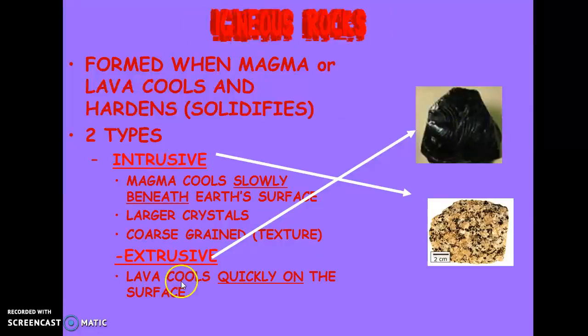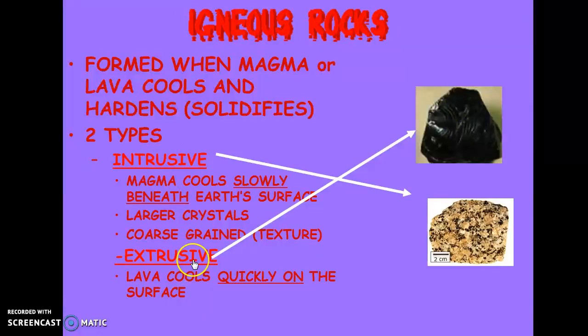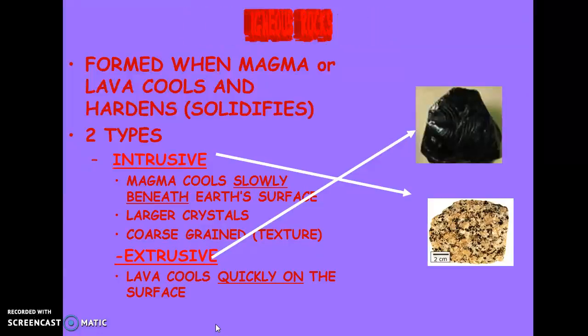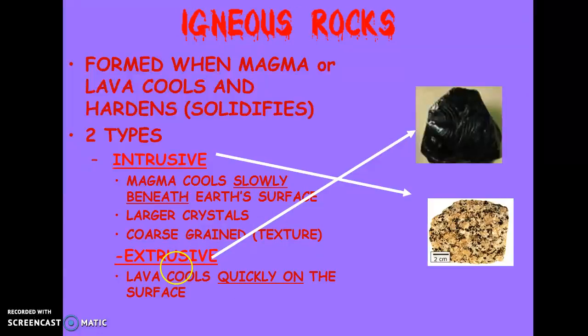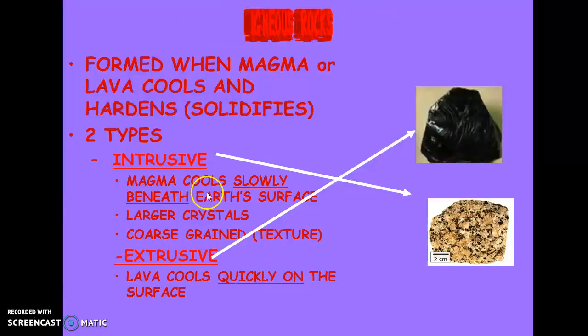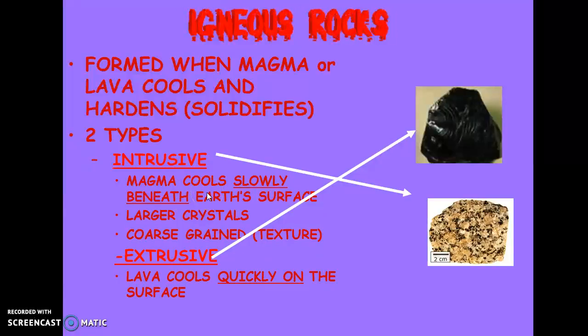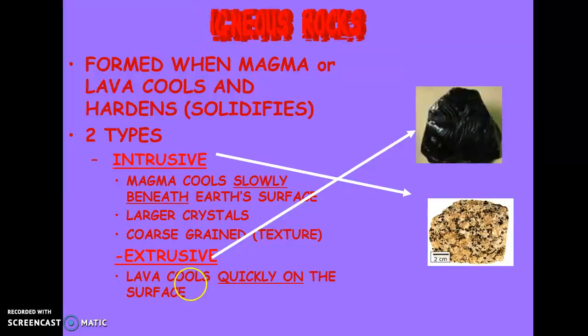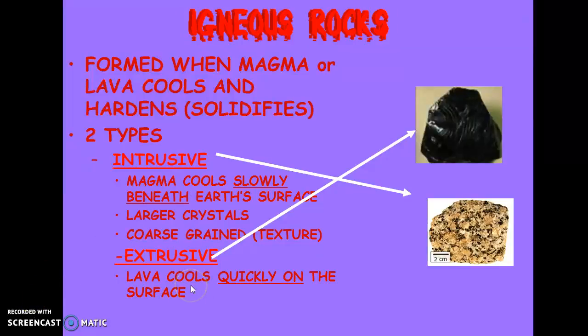There are two types. You do not necessarily need to know the two different types, but just to touch base on them: intrusive igneous rocks are when the magma cools slowly beneath the surface, and extrusive is when the lava is on top of the surface and it cools.